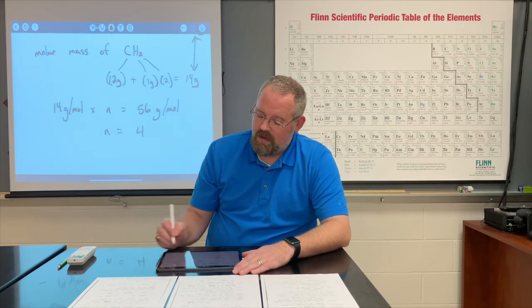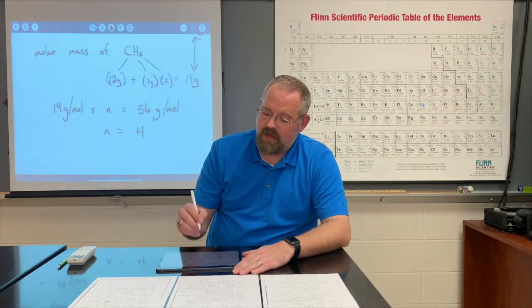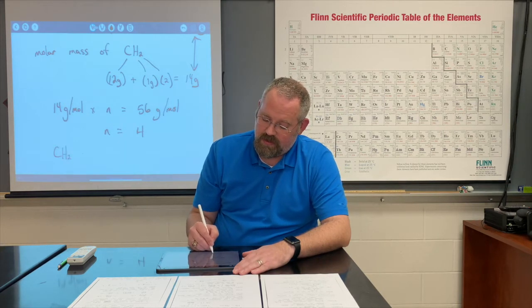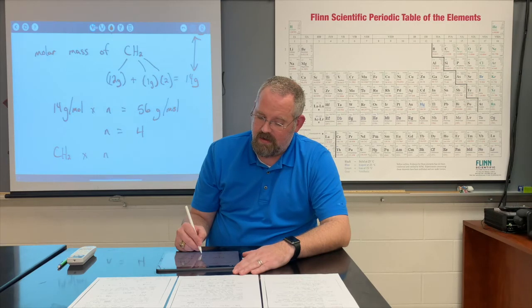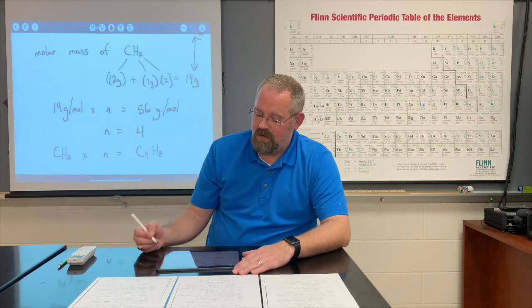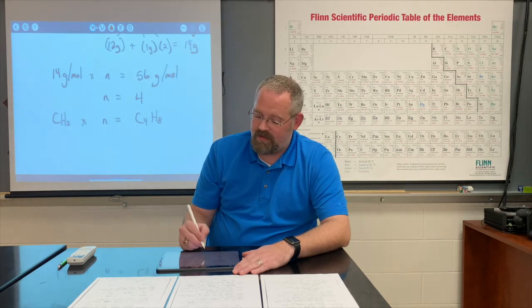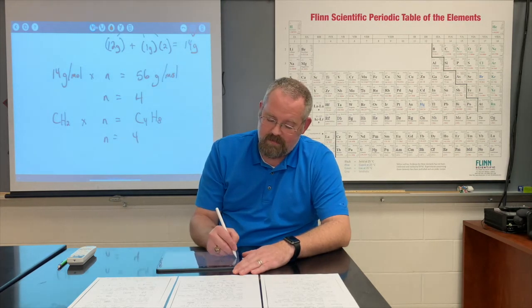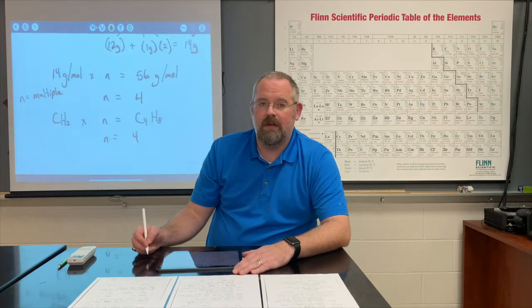Or, looking at my formulas, I can say CH2 times some factor N equals C4H8. Again, looking at that factor, N is equal to 4. N is simply the multiple. So all we're doing is looking for this factor.